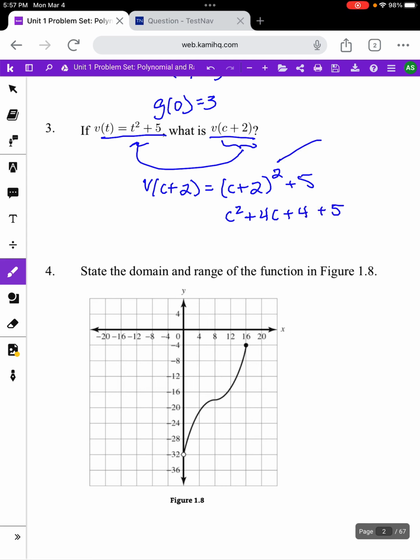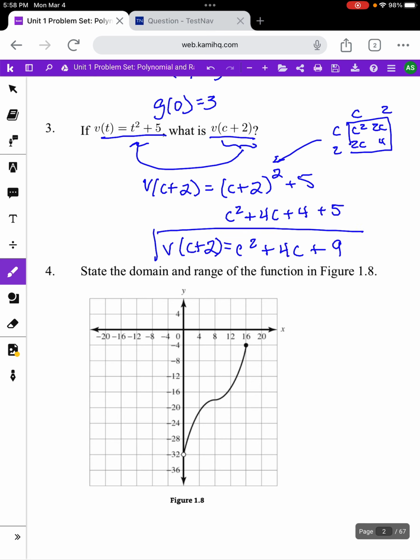I just FOILed this or used the box. You can do it either way. c squared, 2c, 2c, 4. And so that gives us c squared plus 4c plus 9. So v of c plus 2 is equal to that.